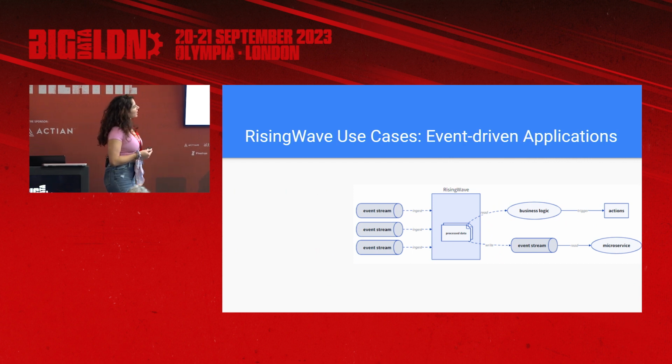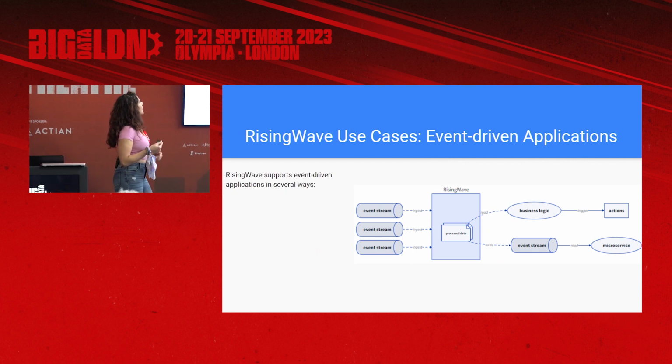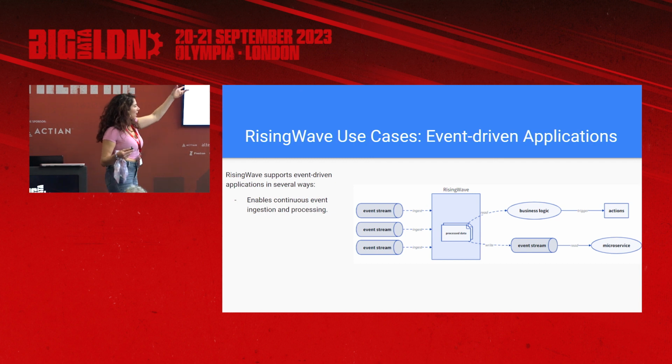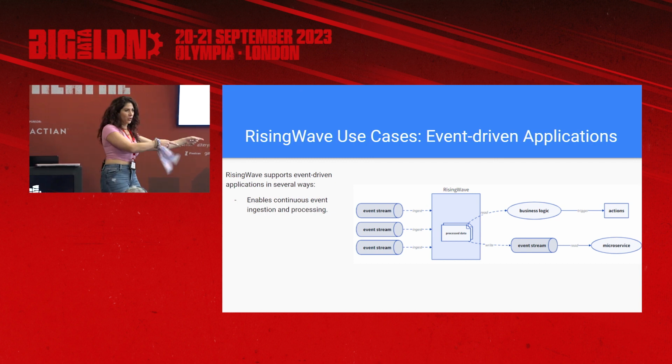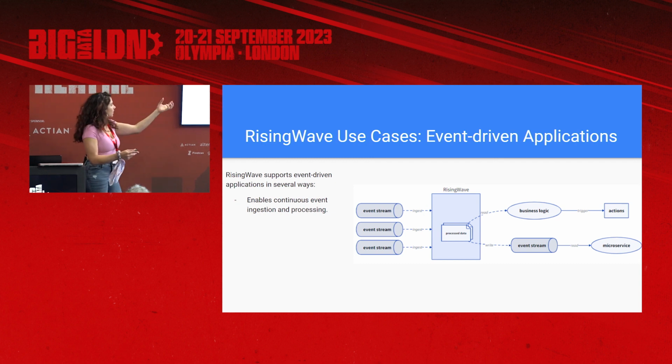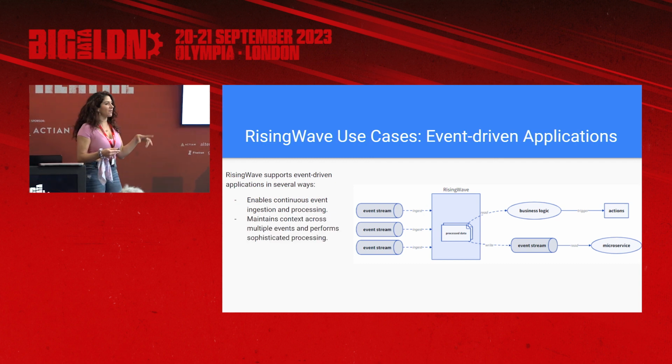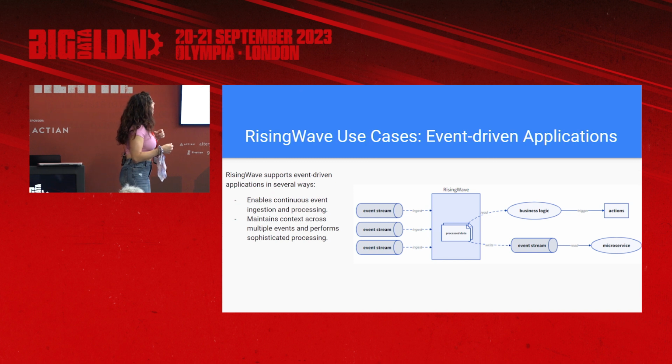Another example is event-driven applications. Again, everything is real-time. You have events coming in. Risingwave, on its own with streaming systems like Kafka or Red Panda, as I mentioned before, enables you to ingest the events as they're coming in.